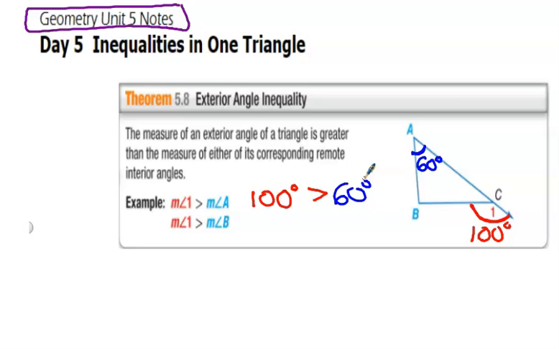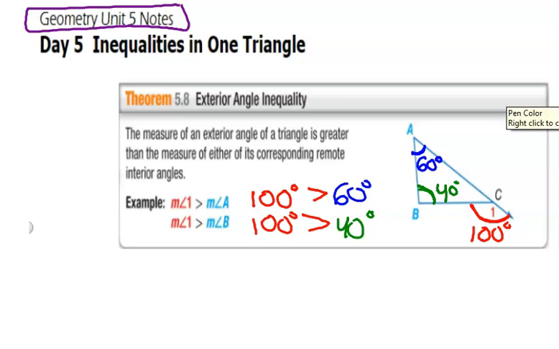So think of the one that's opposite of that. Okay, and there are 2 of those, so let's say angle B is therefore 40 degrees. So then I have 100 degrees is greater than 40 degrees. So again, the exterior angle is greater than each of the angles inside. Why?